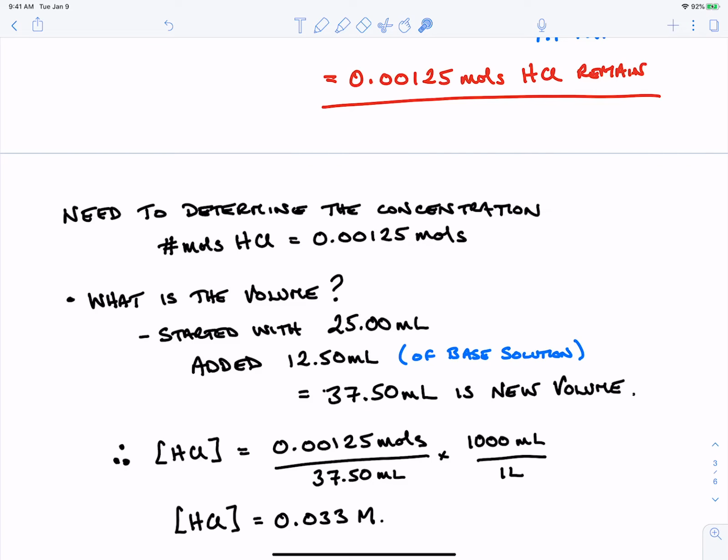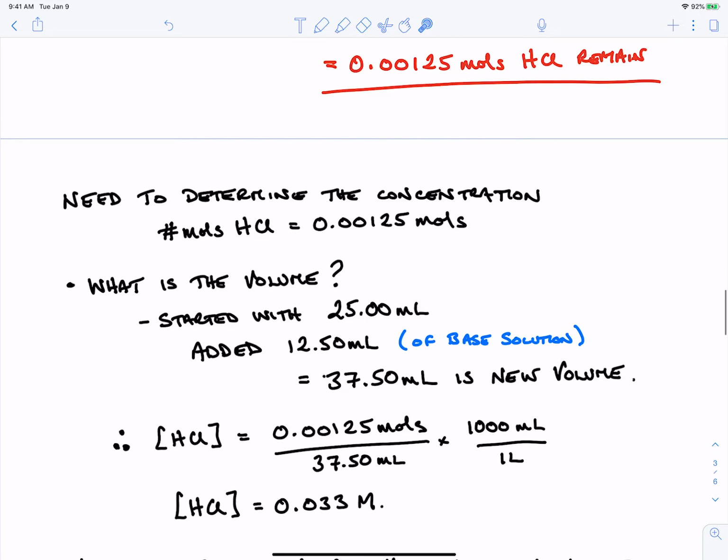It's more than it was before because we added some solution. So the concentration of HCl is the number of moles of HCl, which we calculated up here, divided by the total volume that's in the flask, which is 37.50 millilitres. Then, of course, we have to convert it to litres. And when we do this, we end up with a concentration of HCl of 0.033 molar.